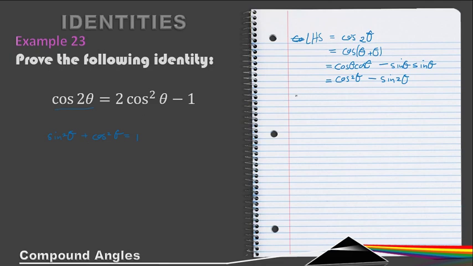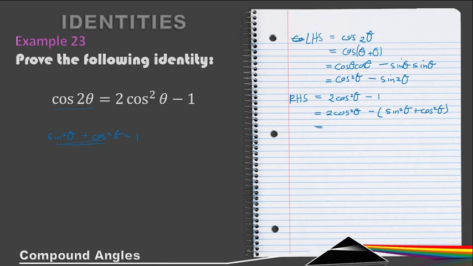So if we now start from the right-hand side, we say 2 cos squared theta minus 1, where the 1 is equal to this, we have minus, and in brackets because there's a negative in front, sine squared theta plus cos squared theta.